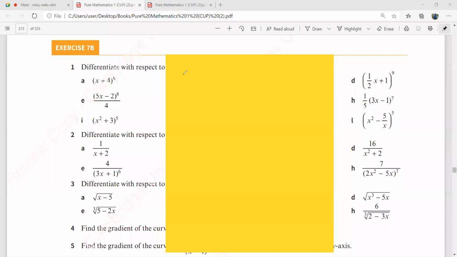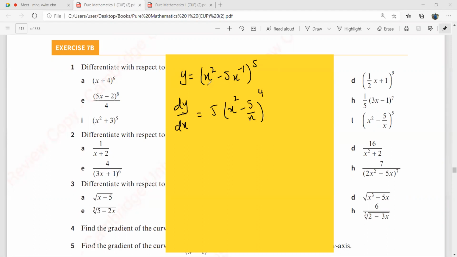Okay, 1L, let me write it as y equal to x square, and let me be clever here to write it as this. Because 5 over x has to be 5x to the power minus 1. So when you differentiate it, first of all, this is going to be 5 into all of this, and I'll be writing it as x squared minus 5 over x over here, to the power 4.